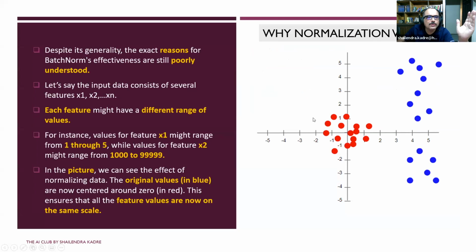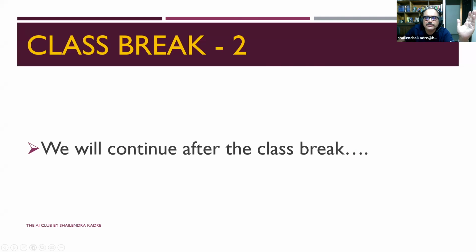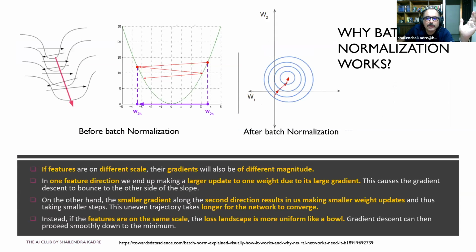Now you would like to see first how batch normalization is used. I have not included here the piece of code, but it is very simple. Just like a dropout layer, you use a batch normalization layer after every output. It is just a function call, just like your dropout.